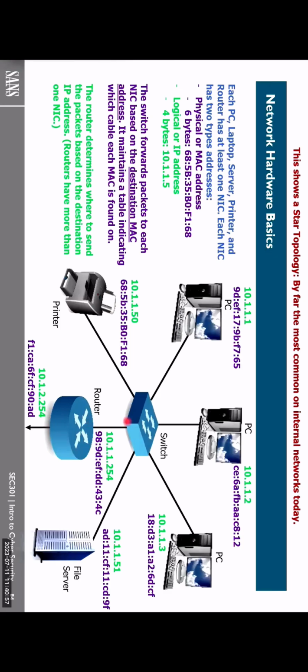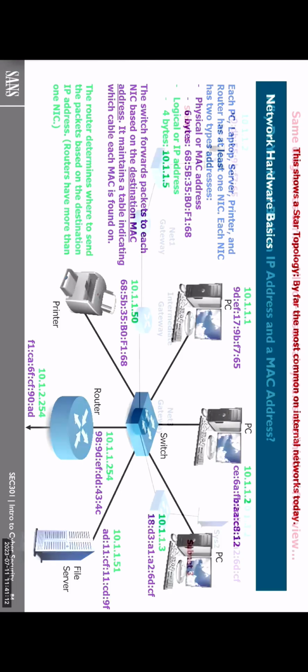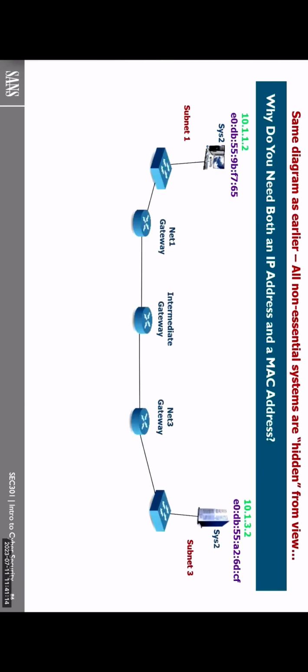And the switch needs to know what everybody's MAC address is, but the switch itself doesn't have a MAC address. It's just a conduit for these devices to talk over those MAC addresses. Yeah, great question.